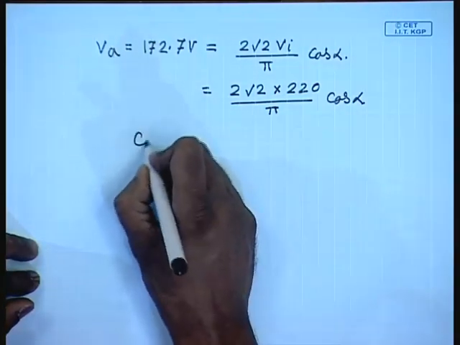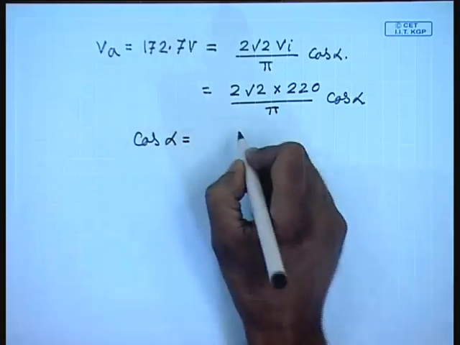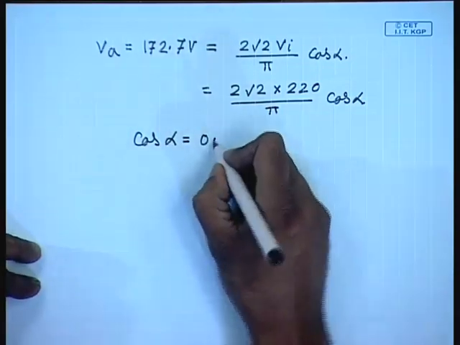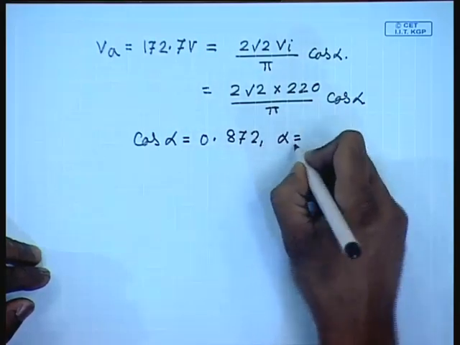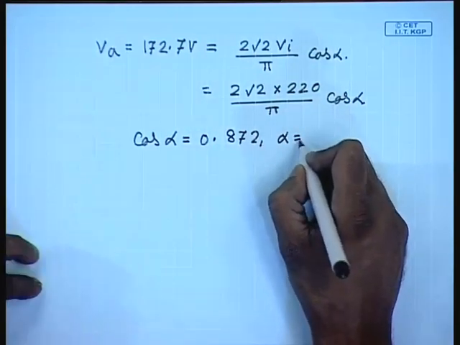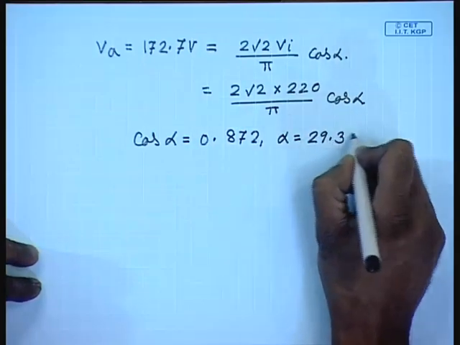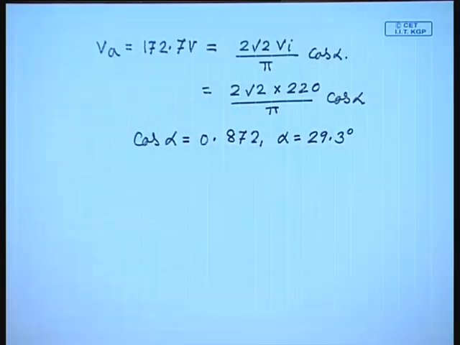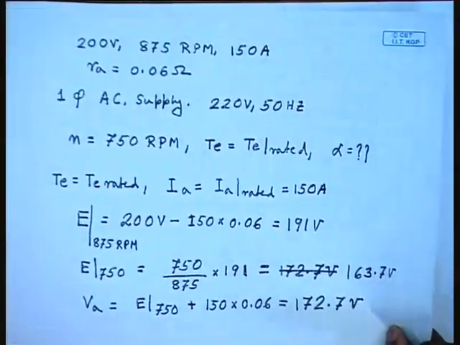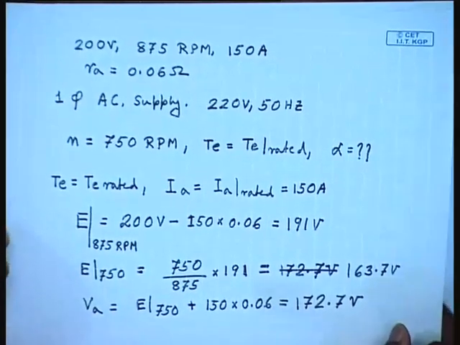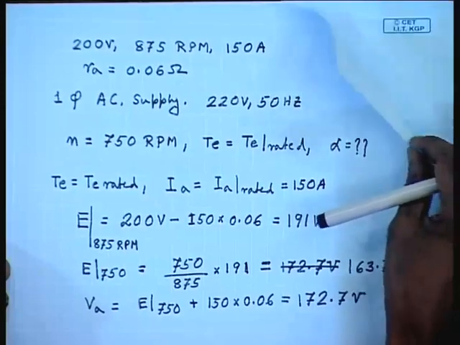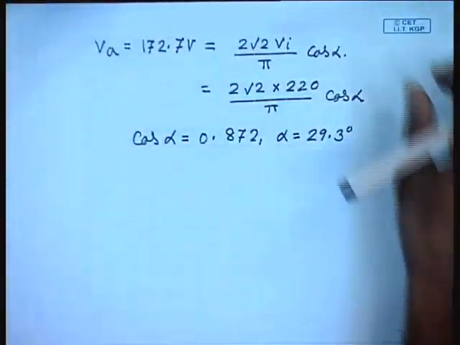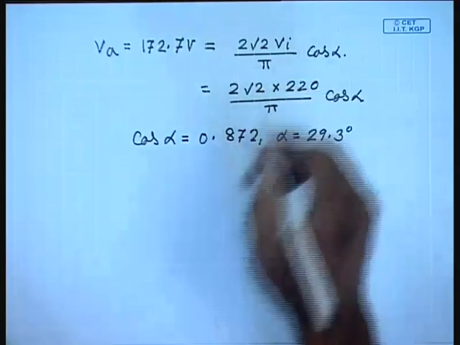This gives cos alpha equal to 0.872 or alpha equal to 29.3 degrees. So, almost at alpha equal to 30 degree, we will be able to reduce the motor speed to 750 RPM while still supplying rated torque.